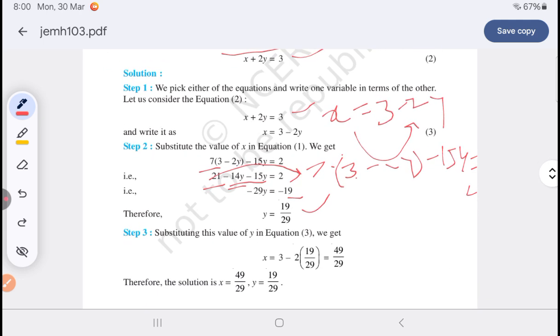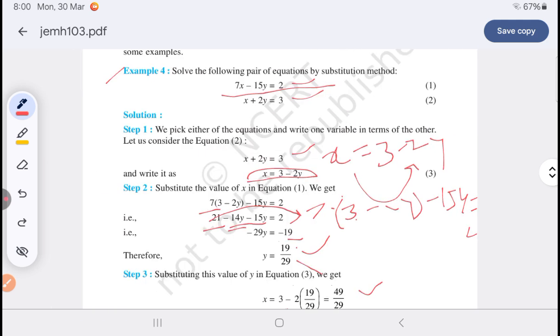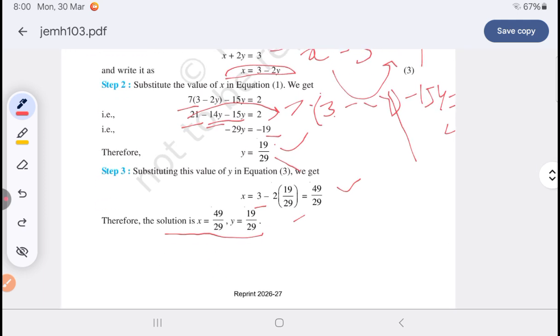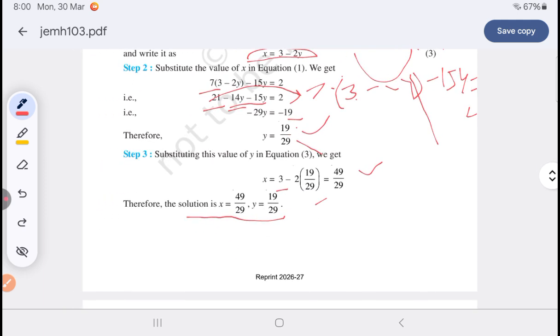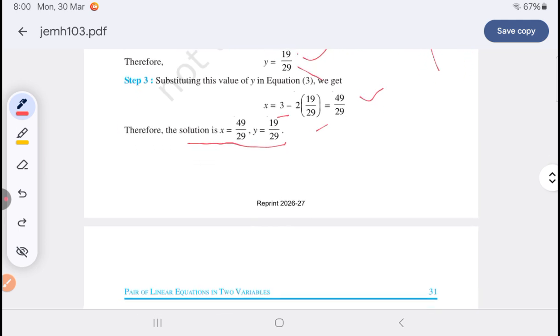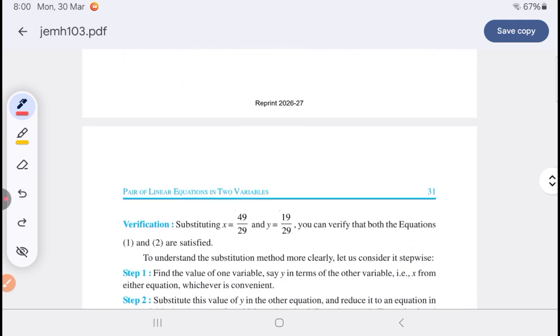So you got y. Then substitute it in equation 3, x equal to 3 minus 2y. In the place of y you put this value 19 by 29. So you'll get x equal to 49 by 29. Therefore the solution for this equation is x equal to 49 by 29 and y equal to 19 by 29.